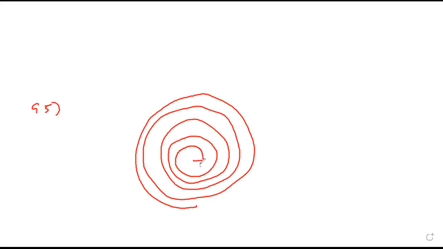This is a, this is b. Find magnetic induction at the center. So I said we can assume Amperian loop of thickness dr at a distance r from the center of the spiral. So from the center of spiral, consider one element of thickness dr.